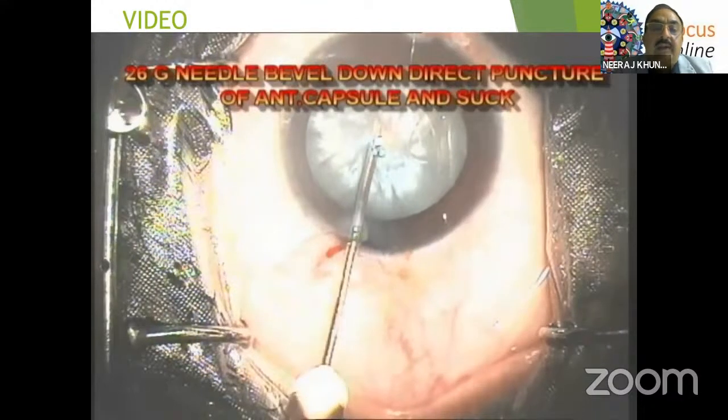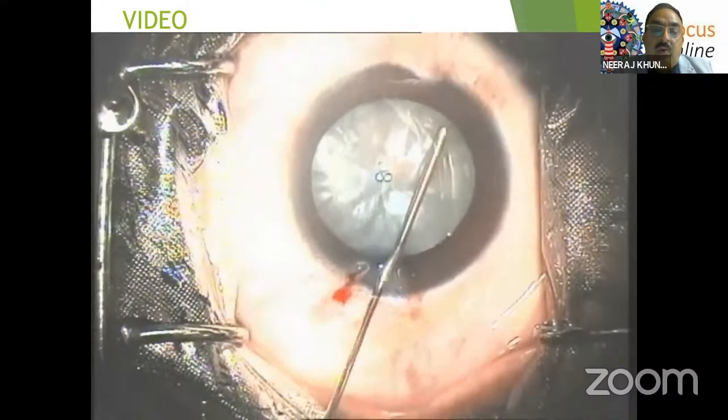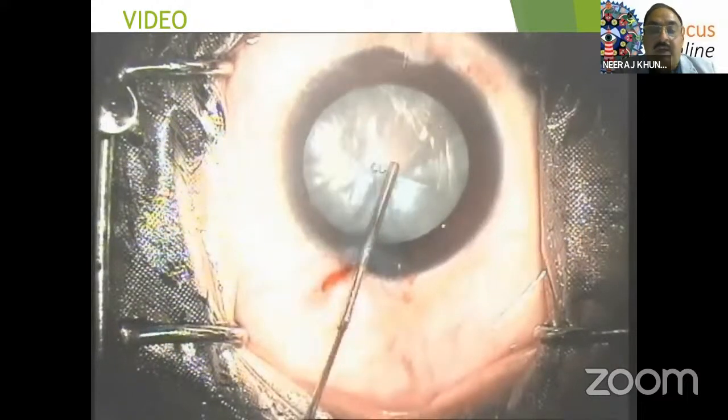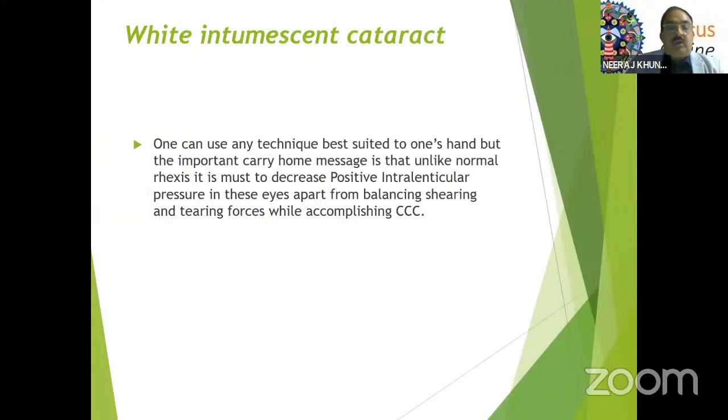Again, you can see that the fluid is taken out, and now we can easily do the rhexis because the culprit here is the positive intralenticular pressure. So in white intumescent cataract, one can use any technique best suited to one's hand.